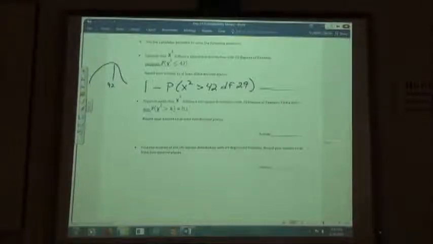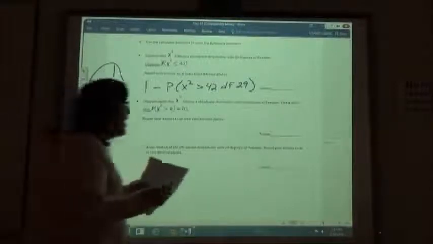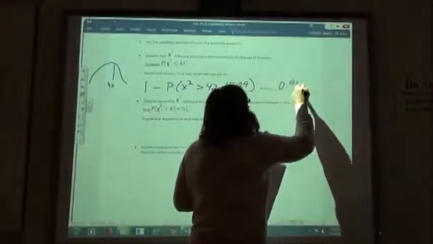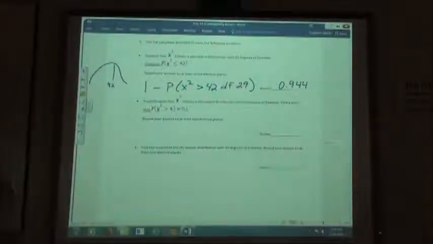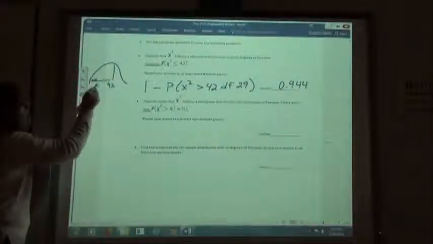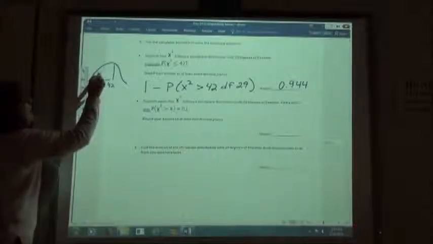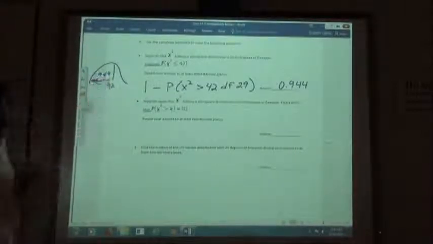There we go. And we got 0.944 when we rounded that off to 3 decimal places. That means that this area here to the left is 94.4% of my curve.